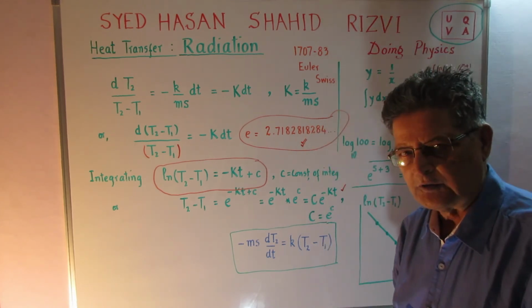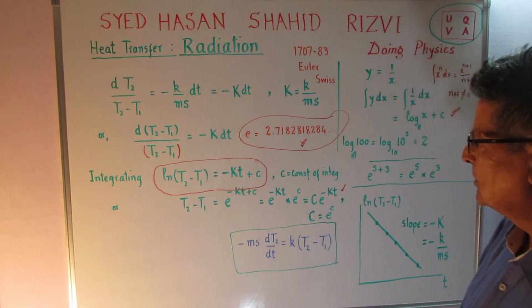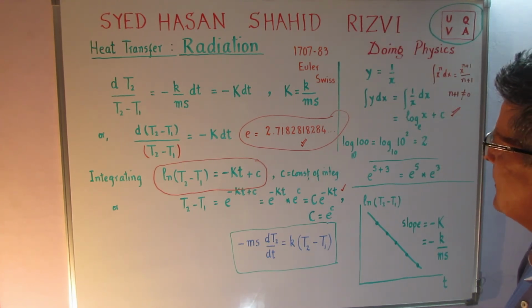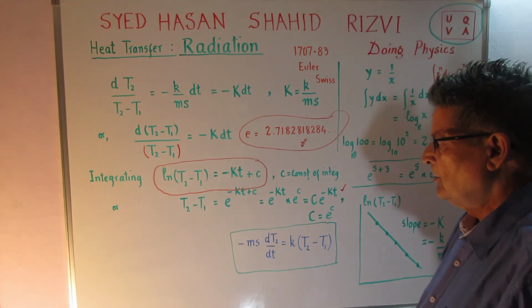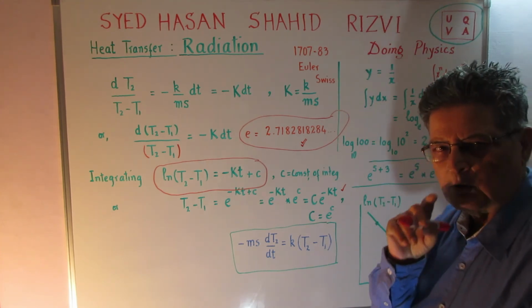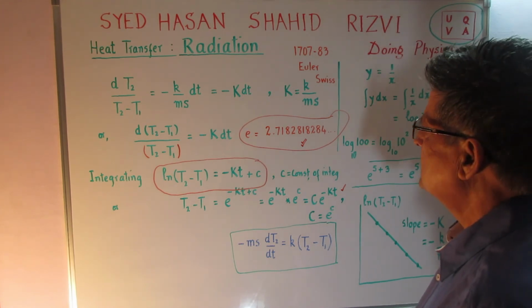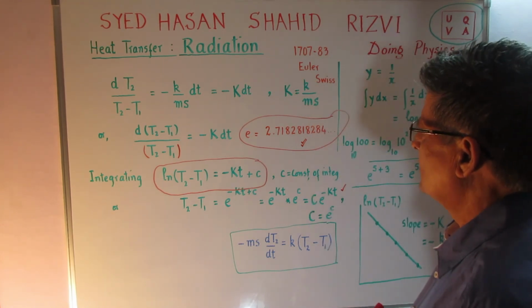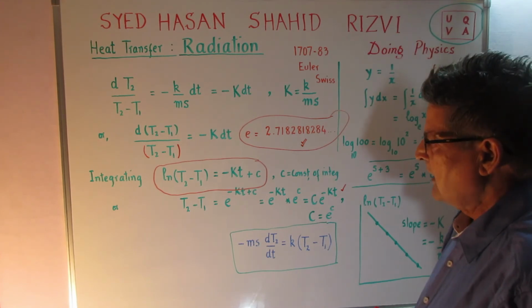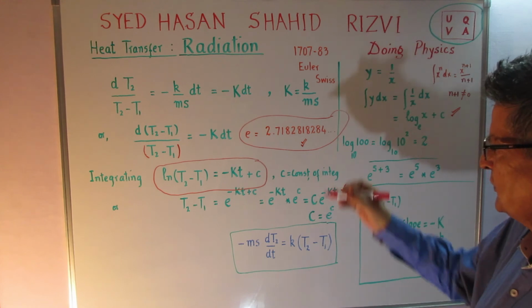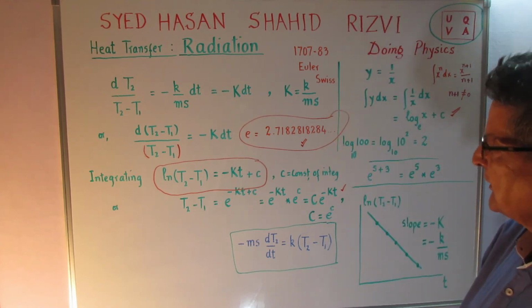Those of you who are interested can go back to your mathematics textbook or consult Professor Google, Google Baba as we say in Hindi, and Google Baba will tell you about Euler and Euler's constant, small e, which is a pure number.